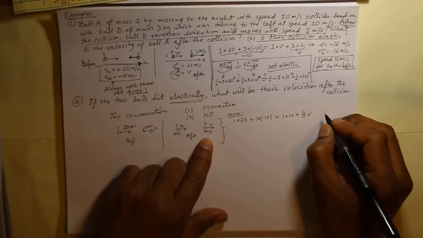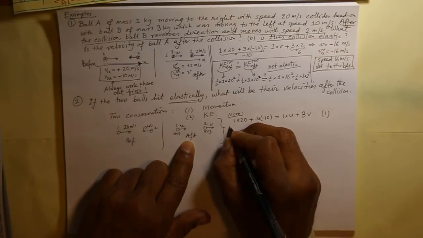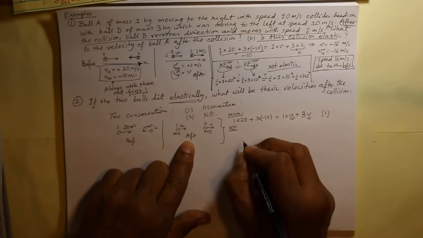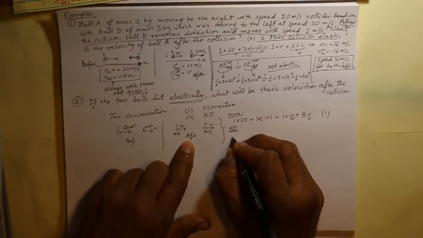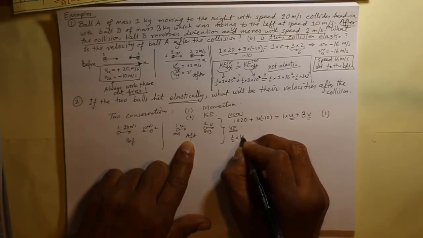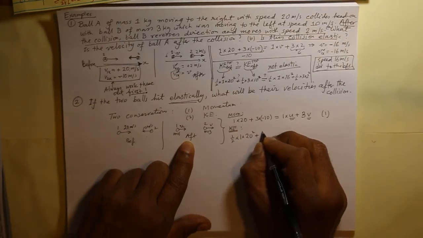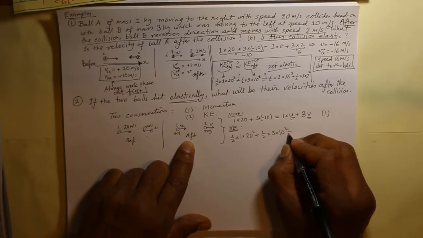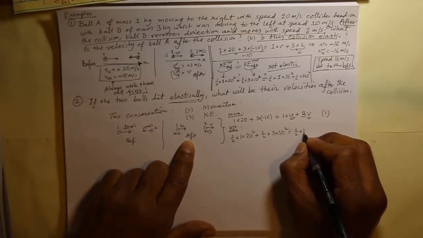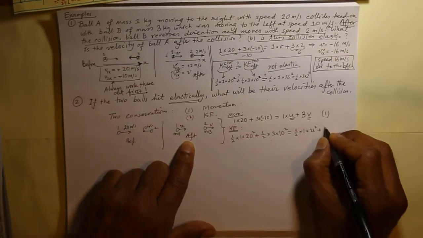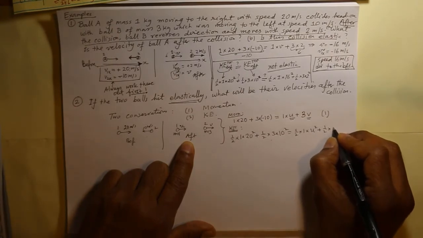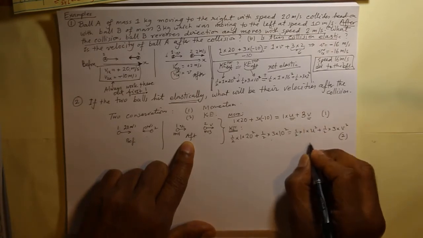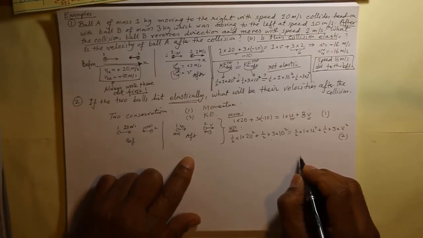So this is one equation, and then you're going to have kinetic energy conservation. I got two unknowns here. Kinetic energy conservation will be half times 1 times 20 squared plus half times 3 times 10 squared, so this is kinetic before, and then half times 1 times u squared plus half times 3 times v squared. So you got two equations and two unknowns.